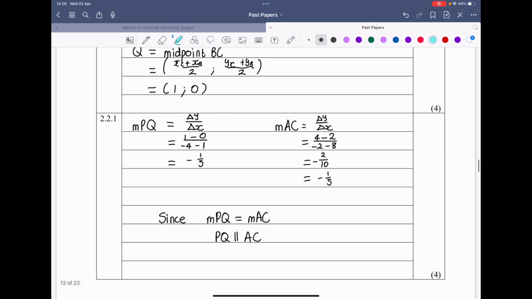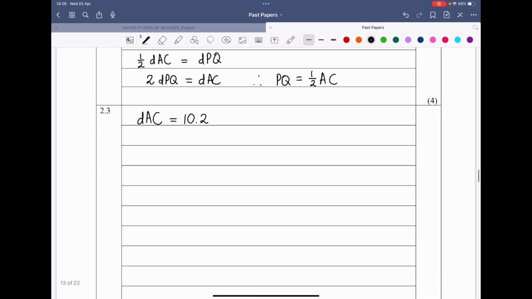Okay, so I'm going to use the distance formula again. So I'm going to start with AB this time. So the distance AB is equal to the square root of x of A minus x of B squared plus y of A minus y of B squared.